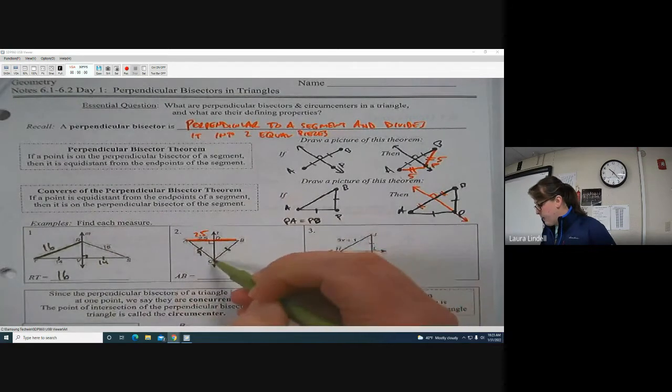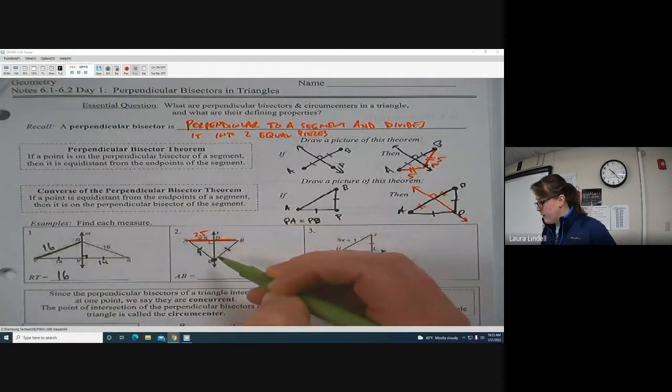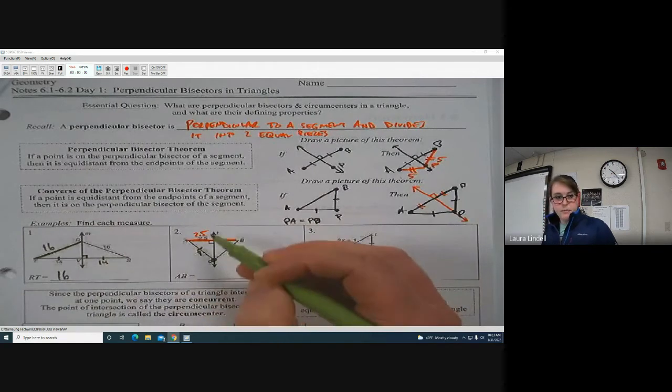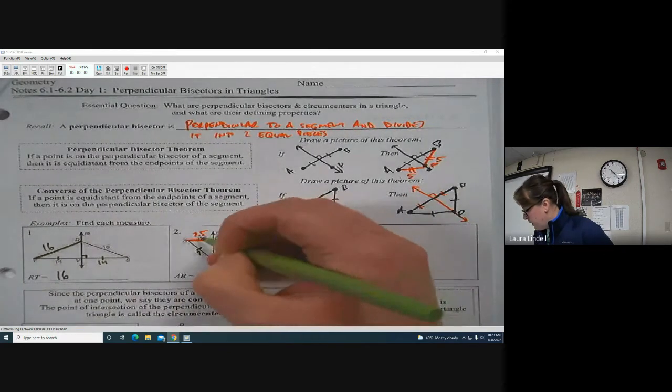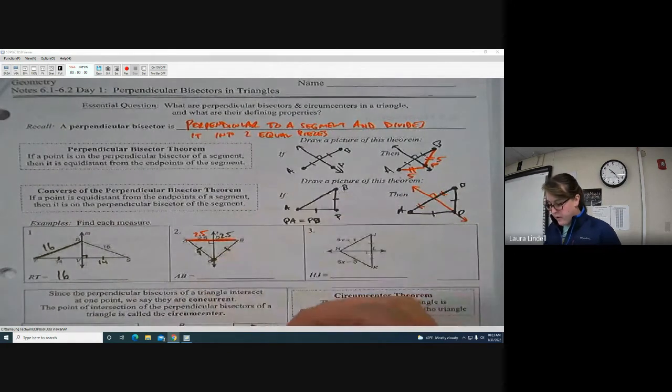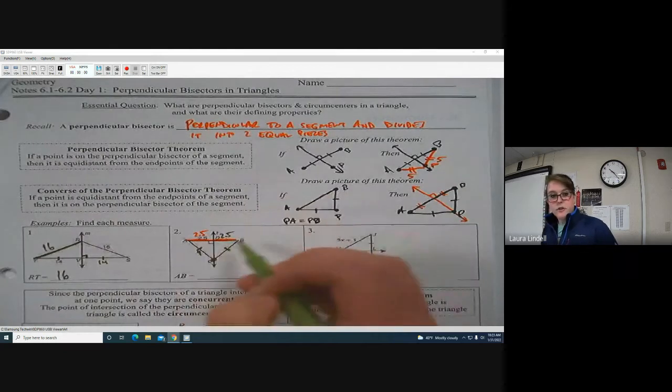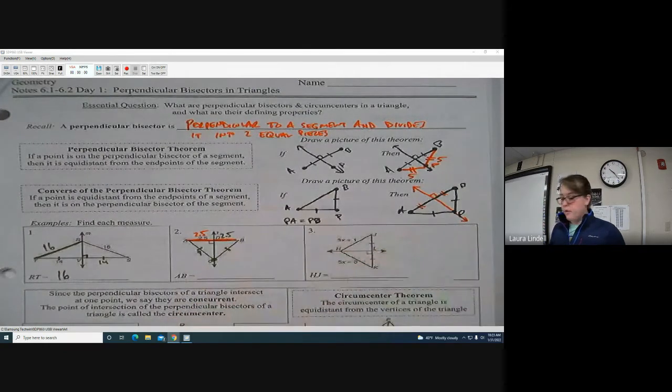Because if I know that this point is equidistant from A and B, that means that this is the perpendicular bisector. So these would both be 2.5, and then the whole thing, 2.5 plus 2.5, is 5. All right, so that's the simpler version of these two things.